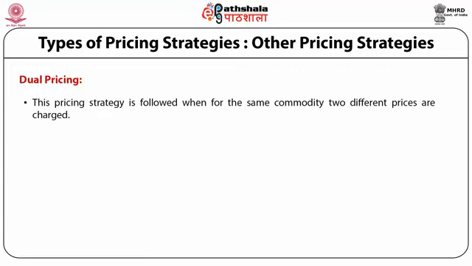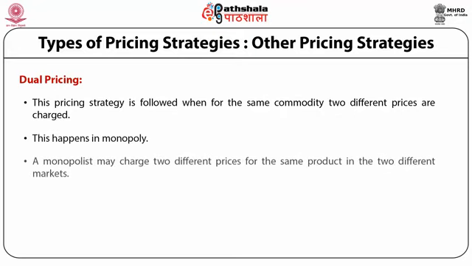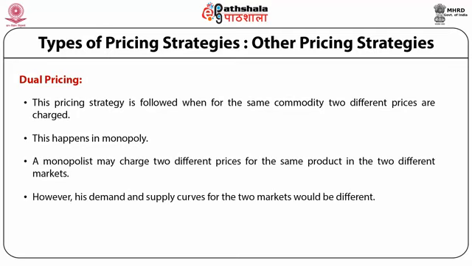This pricing strategy is followed when, for the same commodity, two different prices are charged. This happens in monopoly. A monopolist can charge two different prices for the same product in two different markets. However, his demand and supply curves for the two markets would be different.